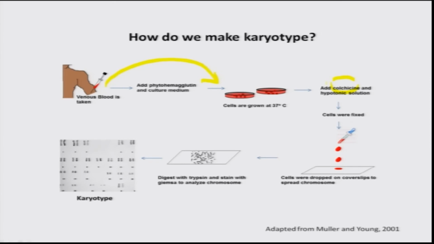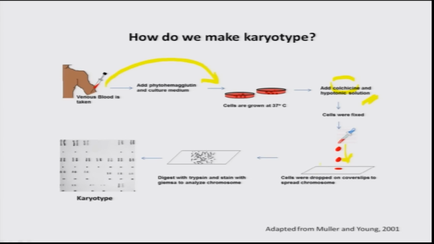So, when the majority of the cells are arrested at metaphase, you take the cells and treat them with a solution called hypotonic solution. You give a milder salt concentration, therefore the cells swell because of an osmosis process, and then you can drop them on a glass slide.